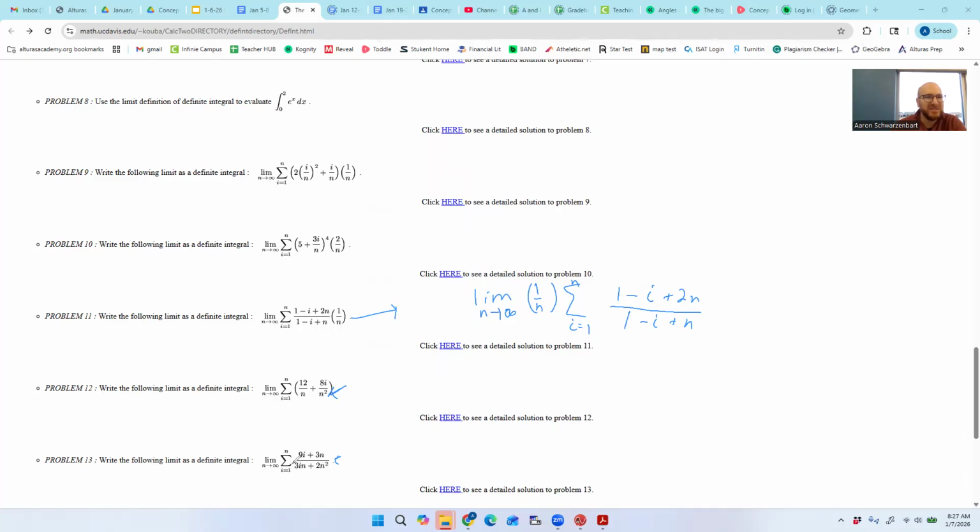Does that make sense? Factor one of these out. So I know that I over n tends to be my x. So I over n is going to translate into an x.